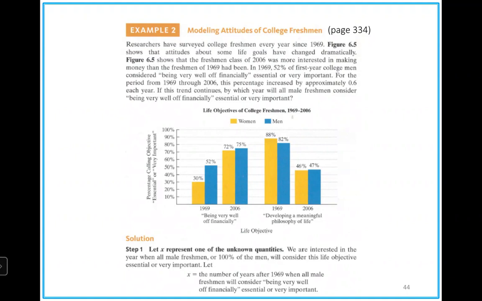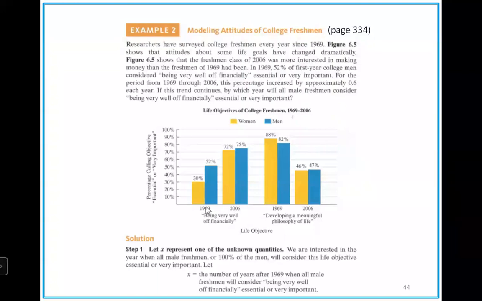All right, so you have a graph here, and of course it has two colors, one for women and one for men. Being very well off financially is what we have in this section, the first 4 bars.